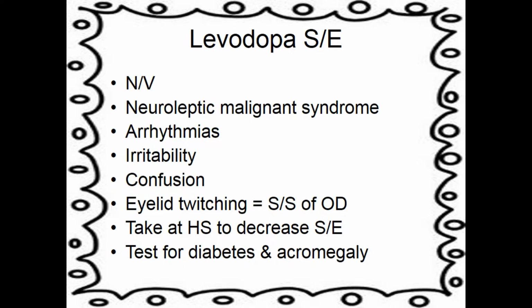Know that neuroleptic malignant syndrome can be caused by neuroleptics and antipsychotics. The signs and symptoms are fever, confusion, rigid muscles, varying blood pressure, increased heart rate, and sweating. Also, remember acromegaly is excess of growth hormone.